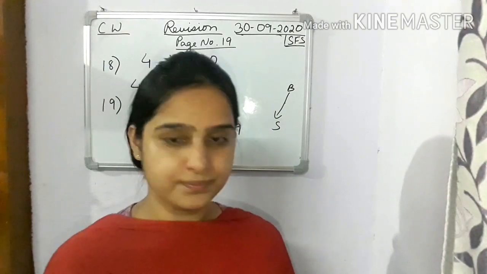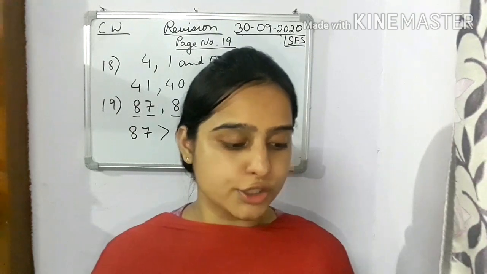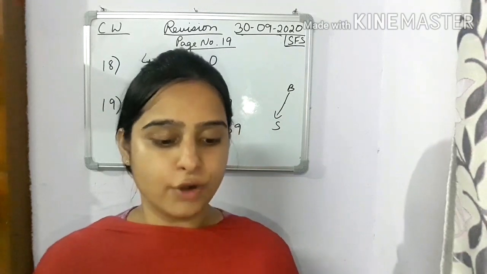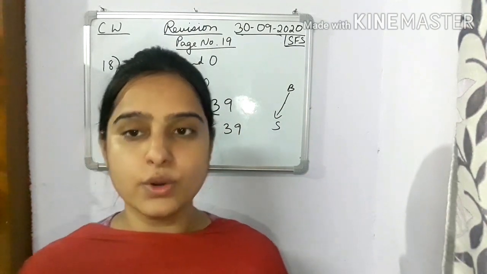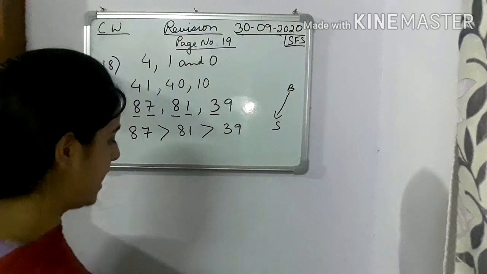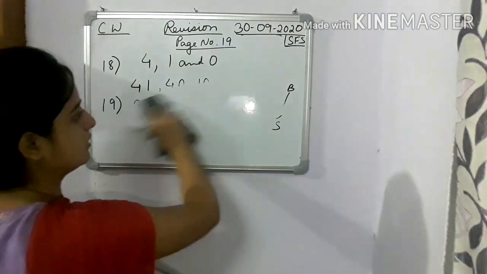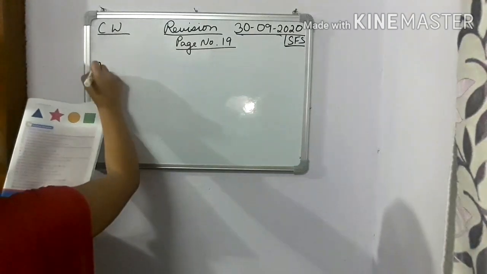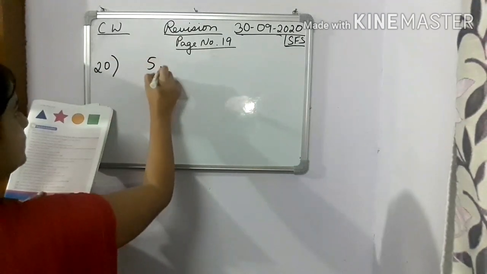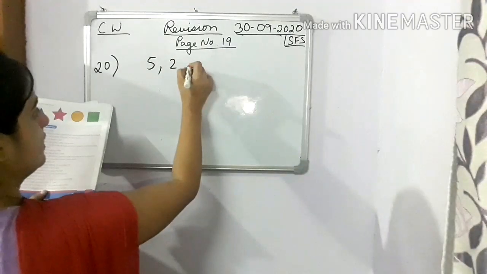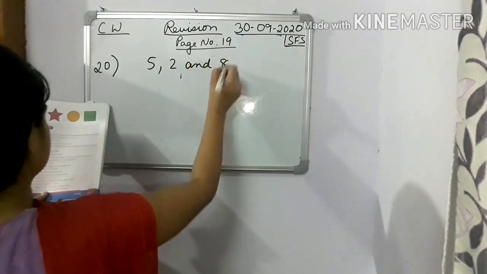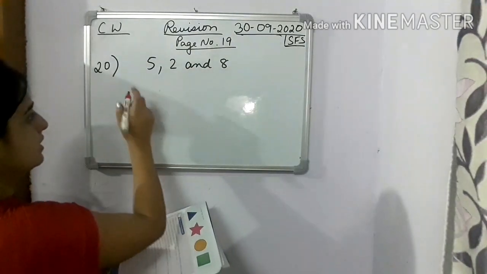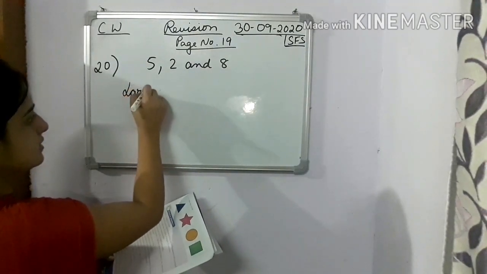Is it clear? Then the last question, form the largest two-digit number from 5, 2 and 8. So you have the digits 5, 2 and 8, and we have to form the largest two-digit number.